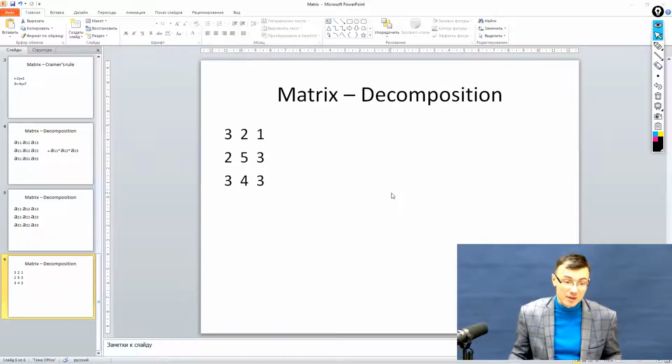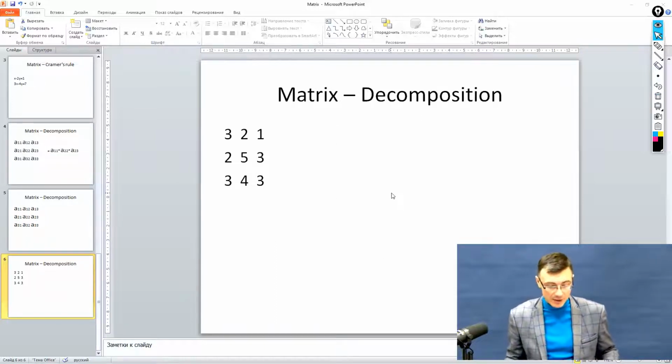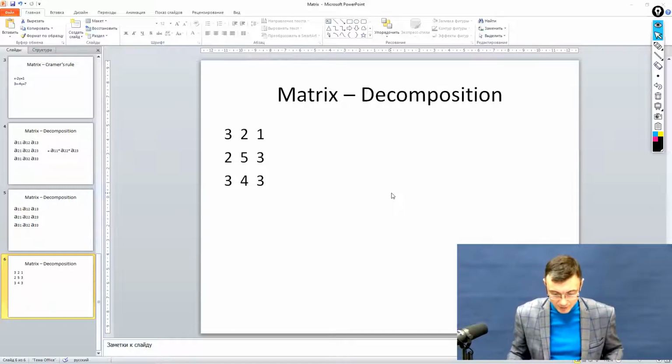So this is a typical matrix, and we write it down like I explained before.